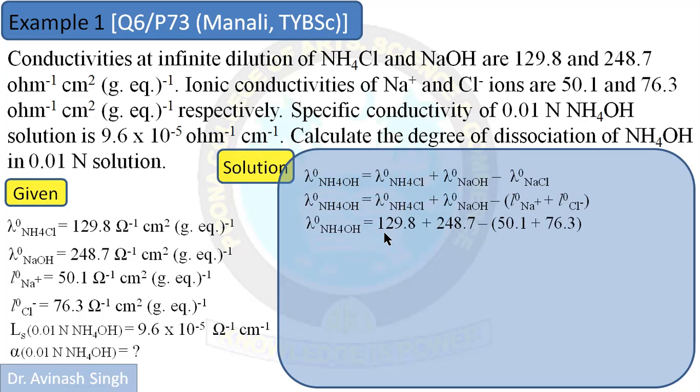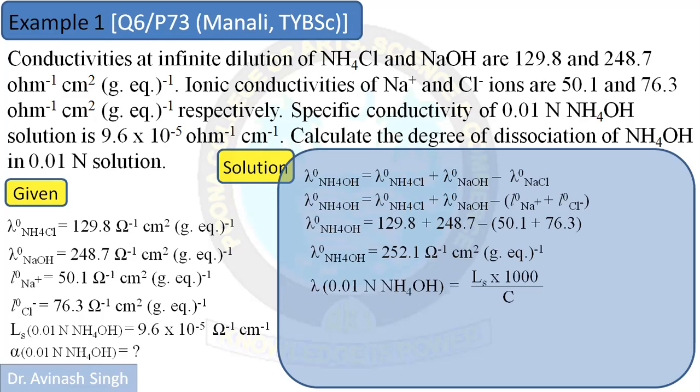Substituting these values, we get 129.8 plus this minus 50.1 plus 76.3. So the equivalent conductance of ammonium hydroxide at infinite dilution is found to be 252.1.